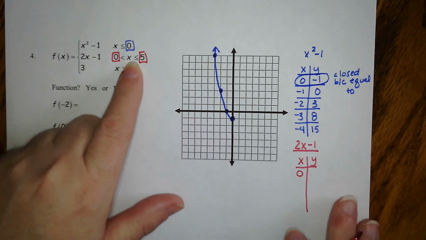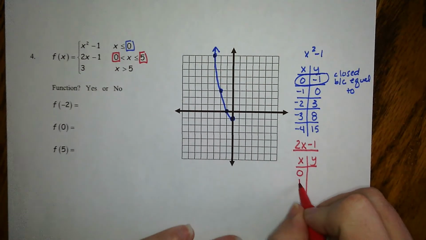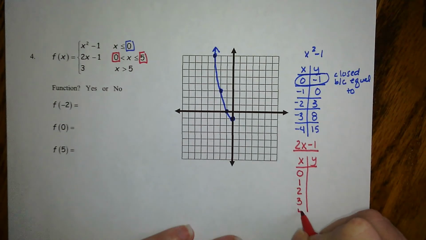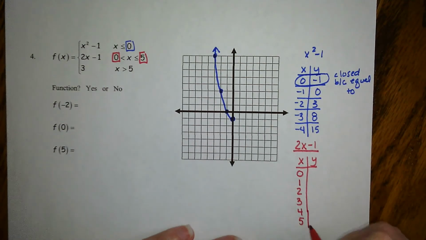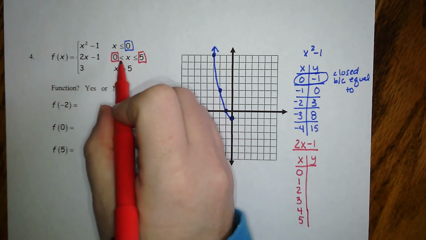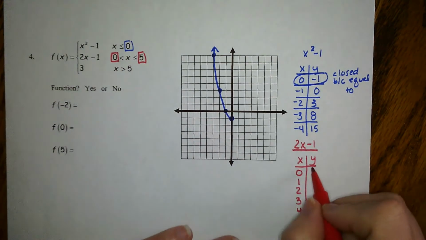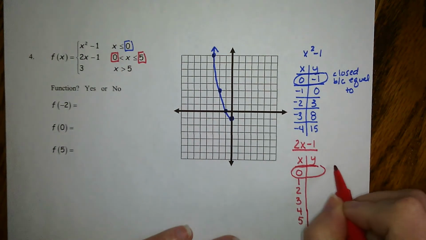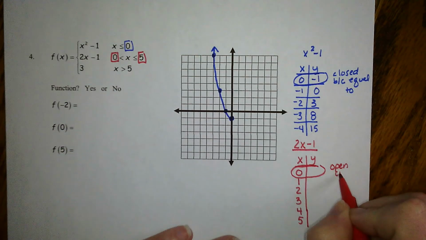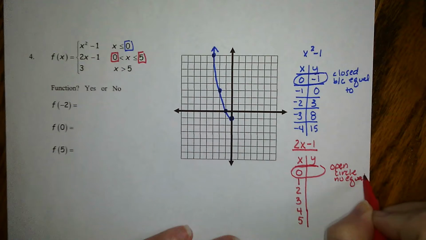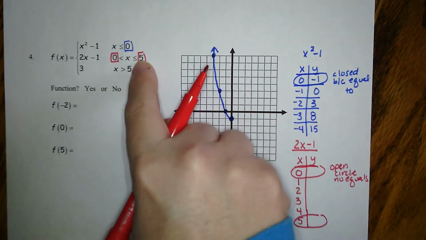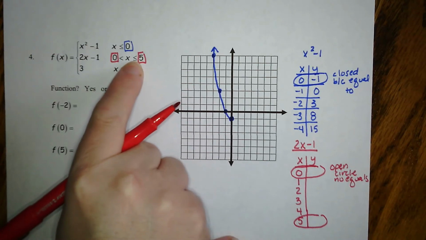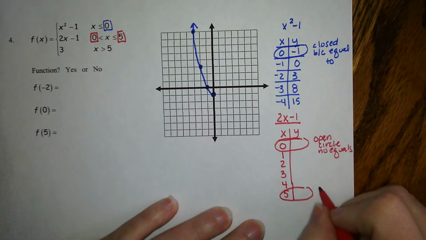Those are the x values that we are using. And if you notice, on the 0 side, this is going to be an open circle. It's open because no equals. And this one is going to be a closed circle. And it's closed circle because there is an equals.